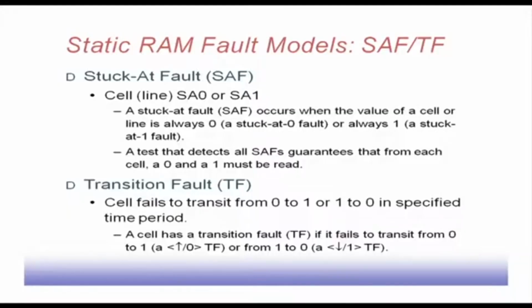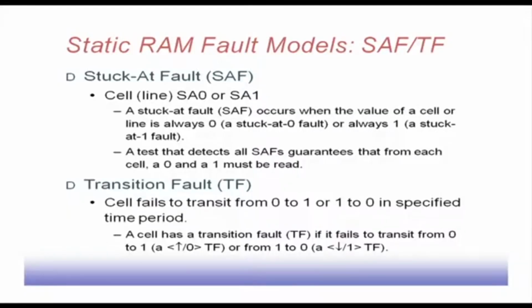Similarly, previously the cell content has to be ensured to be 1, of course. If we are going to check for a transition from 0 to 1, initially we write a 0 there, then try to write a 1, and then see whether the 1 has really come onto the cell or not. That way we can test for a transition fault.